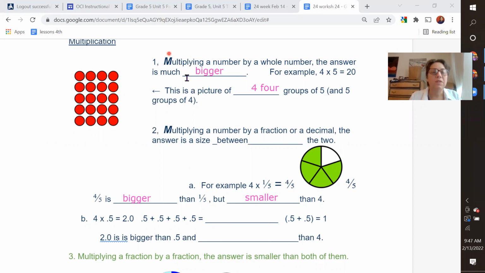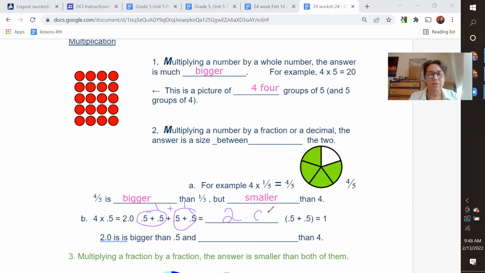Let me draw. This 0.5 is 1, and this is 1. So 1 plus 1 equals 2, right?